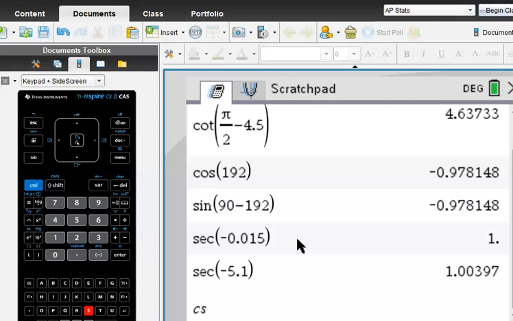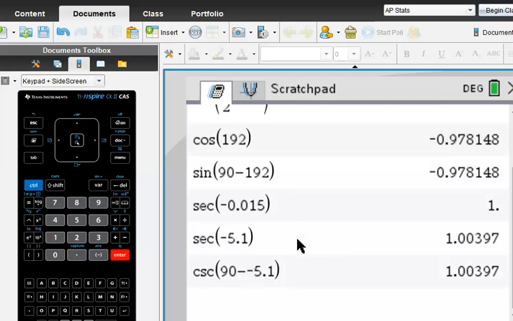So if I do cosecant, I'm going to have to do 90 minus a negative 5.1. Now, 90 minus a negative 5.1 would be 95.1. So if I have a negative angle, then my other angle is going to end up being bigger than 90, or bigger than pi over 2 if I'm in radians.